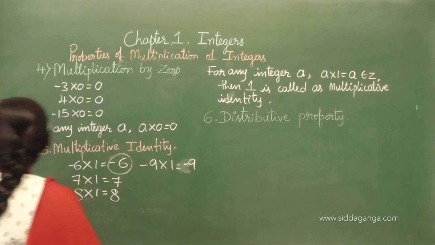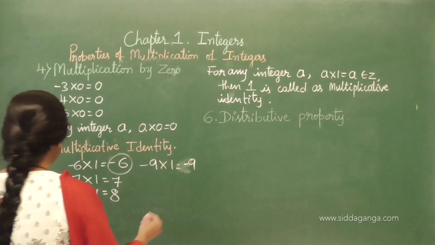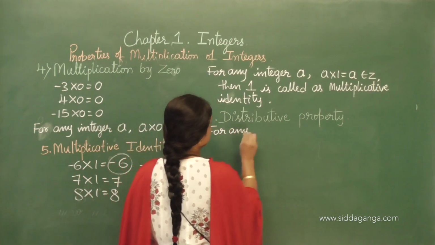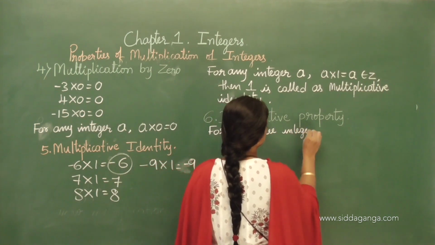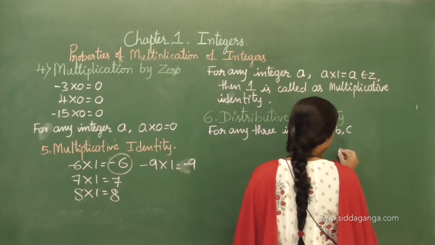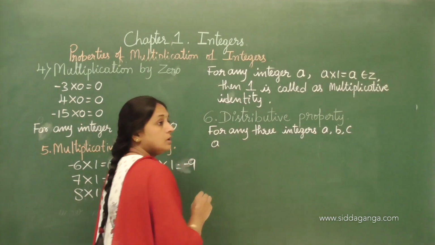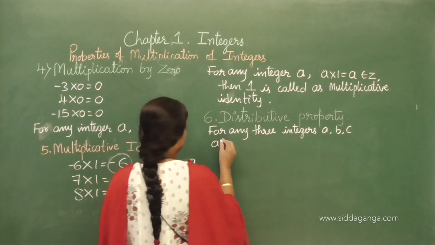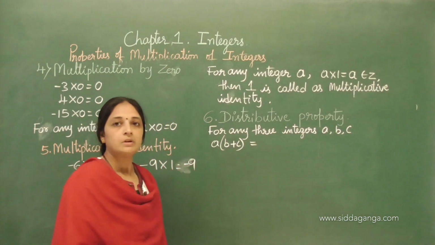The rule is for any three integers a, b, c: a into (b plus c) is equal to, what do we get?